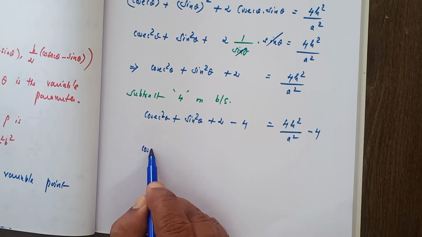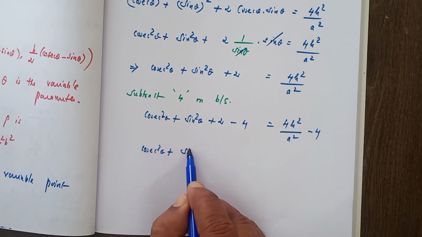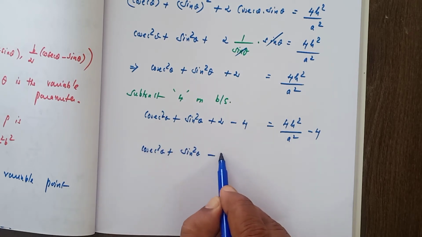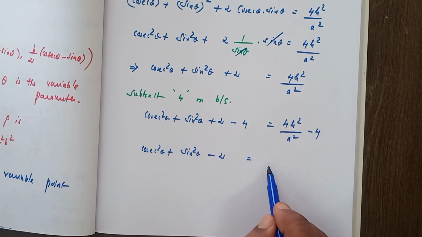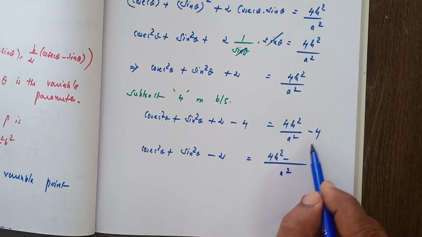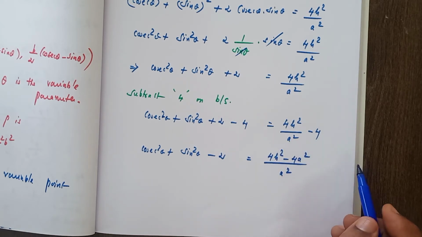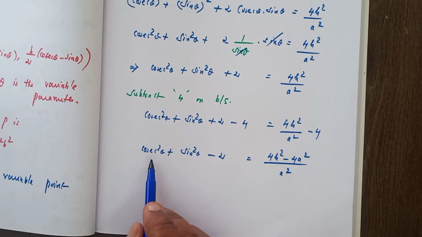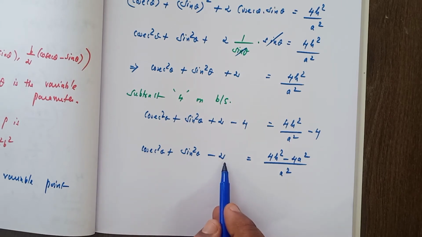So the left hand side becomes cosecant square theta plus sin square theta plus 2 minus 4, that is equal to minus 2. On the right, the LCM is a square, we will be getting 4h square minus 4 into a square, over a square. So this is of the form cosecant square theta plus sin square theta minus 2.